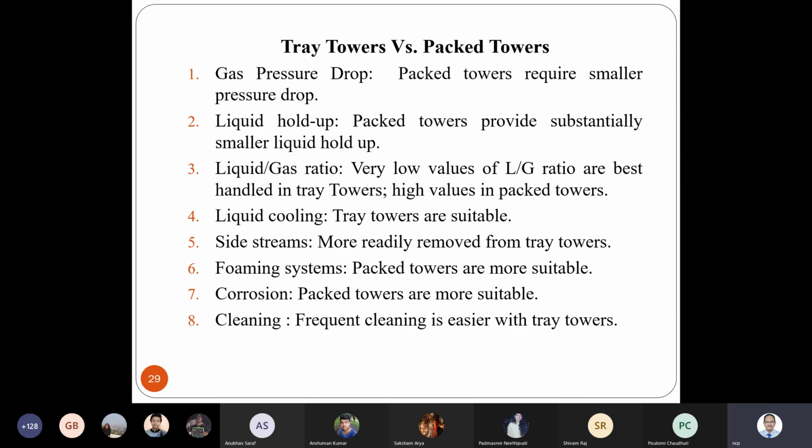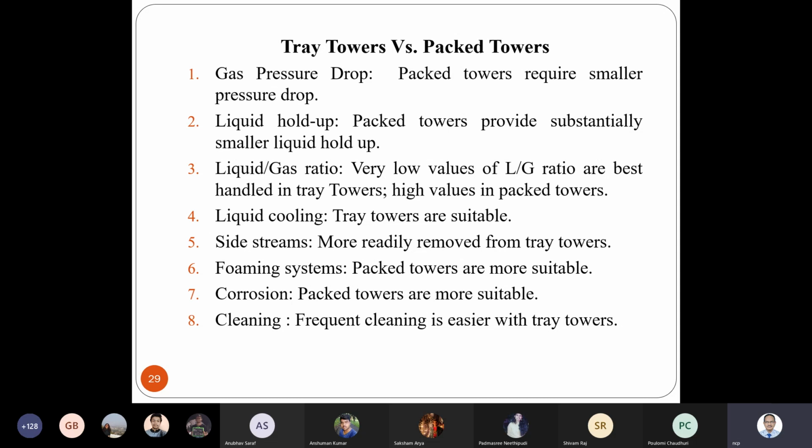Next, I mentioned that tray towers and packed towers are the most versatile gas liquid contactors of these two different categories. Basically, the tray tower, from the gas dispersed type, is most important, most widely used, most commonly used.